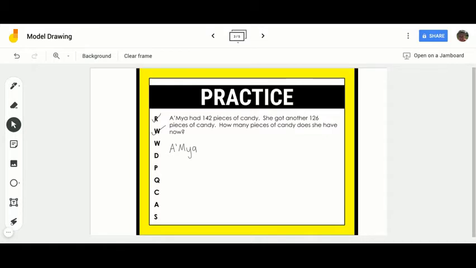So what does Amaya have? Amaya has candy. Check mark my what. All right, remember my D stands for draw. So I'm going to draw my unit bar. And I only have one person, so I only need to draw one unit bar.